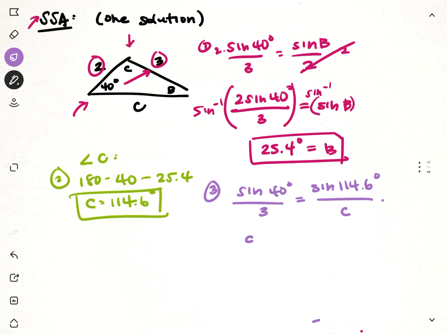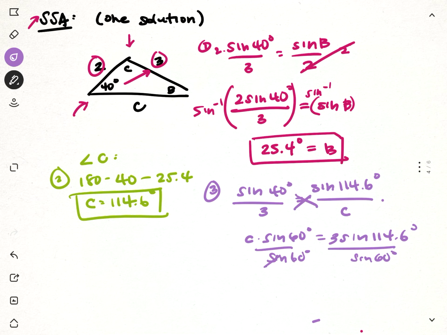So we cross multiply: c times sine 40 is equal to 3 times sine 114.6, and then we just have to divide by sine 40 because we're trying to solve for c.